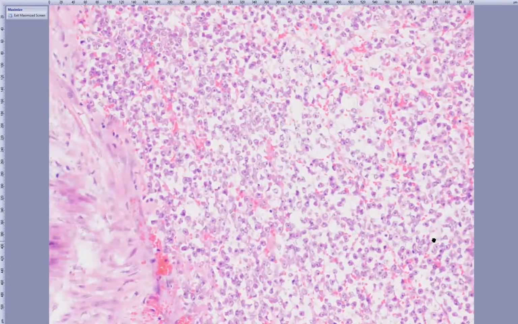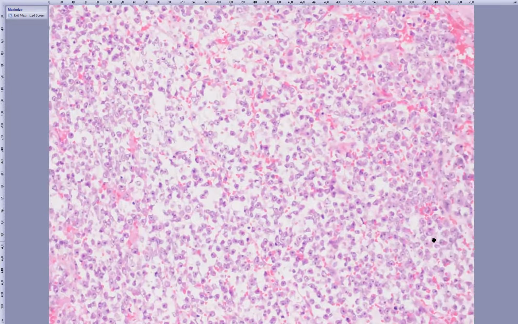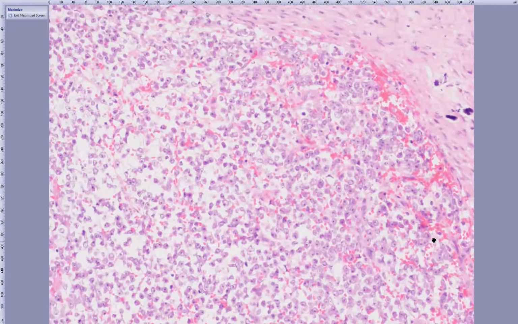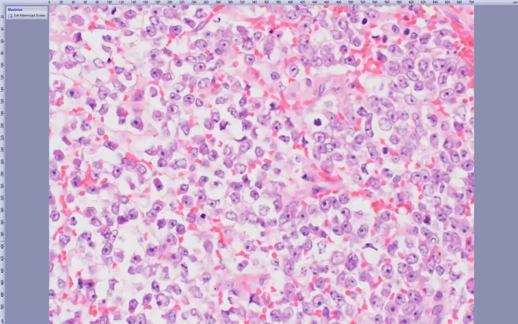As we get a little bit closer, you can see that in areas these cells are fairly discohesive. In some areas, they hold together a little bit better. We're going to hunt around now on higher power in an attempt to identify the classic morphology of these tumors. These tumors are called rhabdoid tumors.